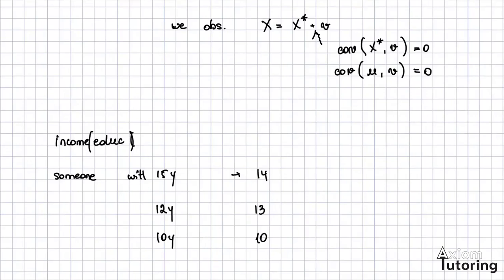Education itself is now measured imperfectly. The variable we're using to explain income contains noise, and this is extremely common in practice because years of education, hours worked, consumption, and expenditure are all typically self-reported and therefore subject to this measurement error. So now what is different? What does OLS try to do?